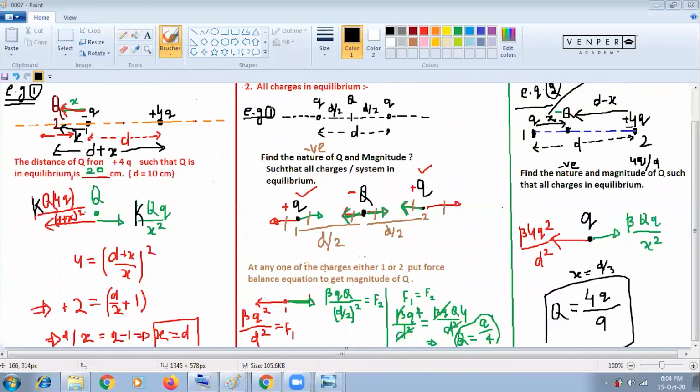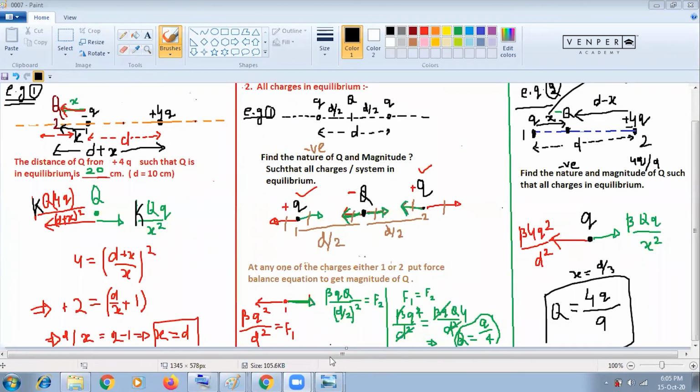So you are just substituting this equal to this, then KQ gets cancelled. Then here only 4 and this D plus X you are taking here. Then you are getting this answer. Any doubt still? Anyone about this question or the calculation of field? If any doubt is there, you can ask.